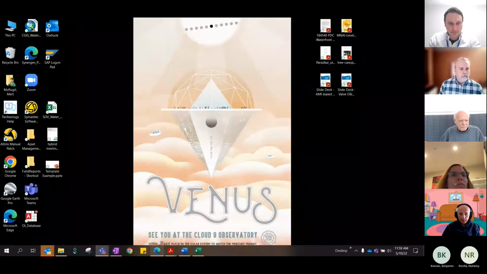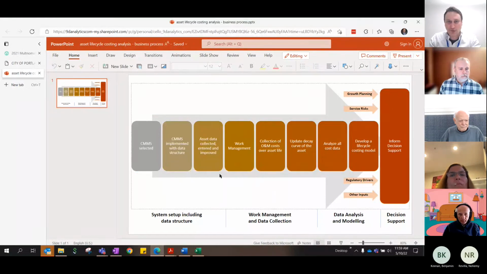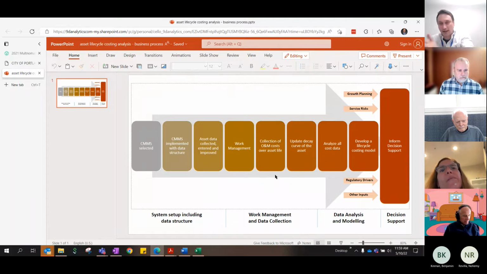What Chris showed earlier, and we won't be able to go into this, but I think it's in the link we sent before to the team, was that high level workflow. It talks about the asset data and the work management work, then collection of the costs over time.